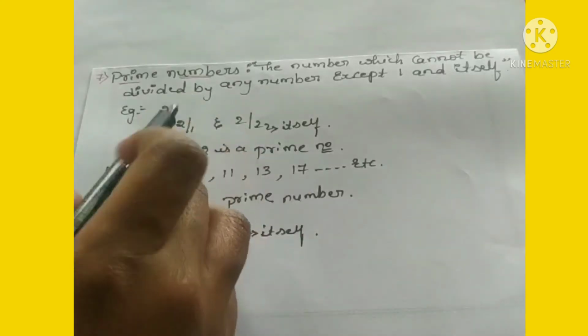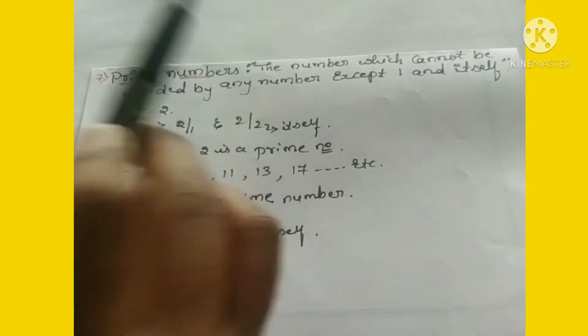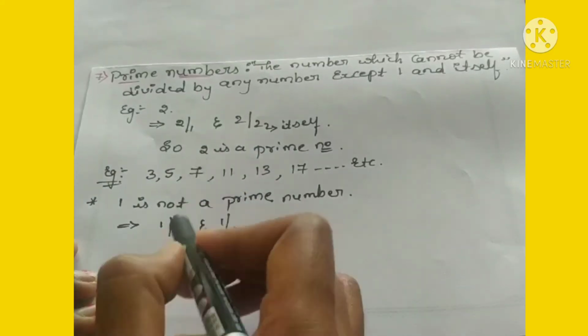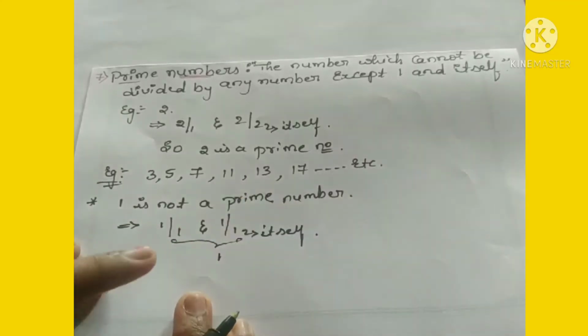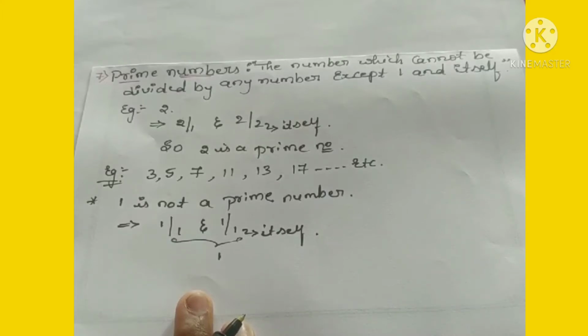Suppose you observe 2, it has two factors, that is 1 and 2. But if you observe 1, it has only one factor. For every prime number there are two factors; only then do we call it a prime number. But for 1, we have only one factor. So 1 is not a prime number.